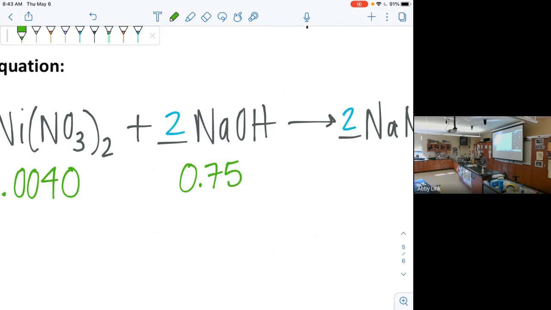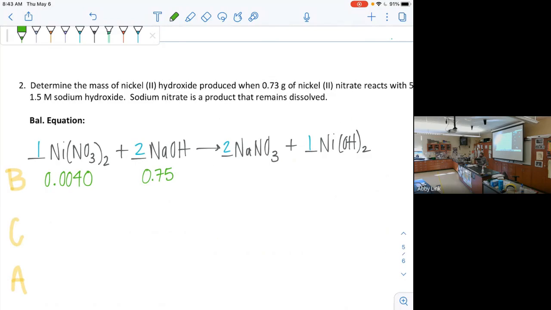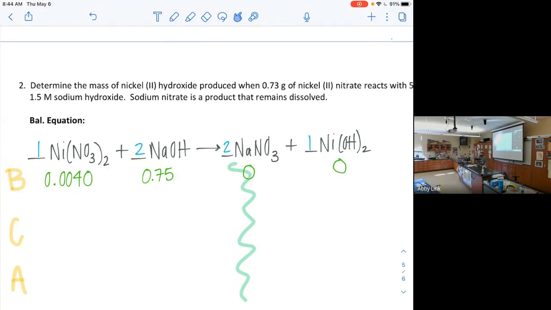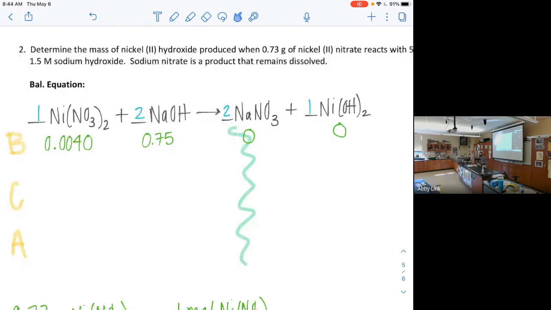All right, you know the drill. We never start with any product, so we have 0 and 0 there. All right, so what do they actually want us to find? They want us to find the mass of the nickel 2 hydroxide. So what that tells me about my sodium nitrate is that I get to squiggle him out. We're not worried about him.